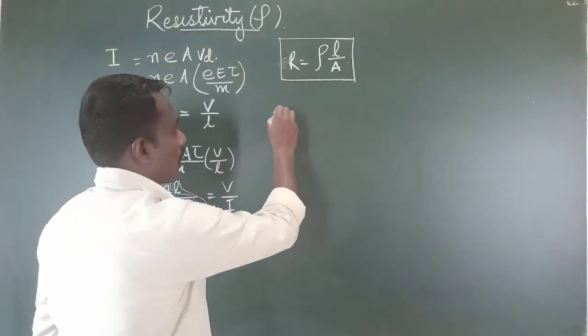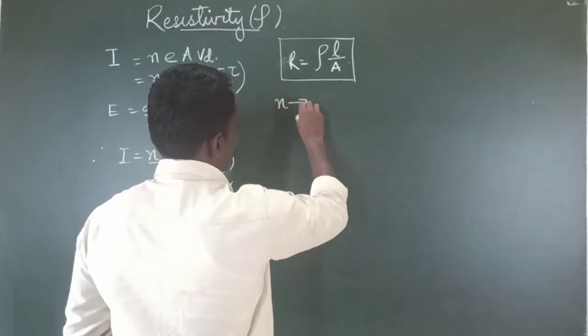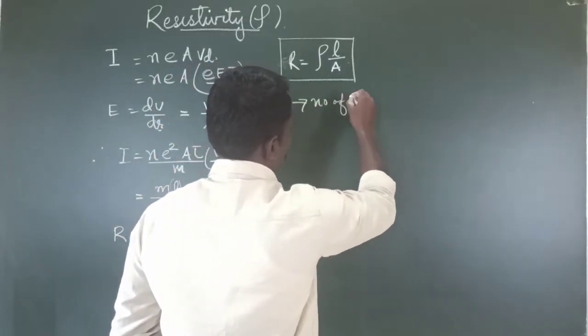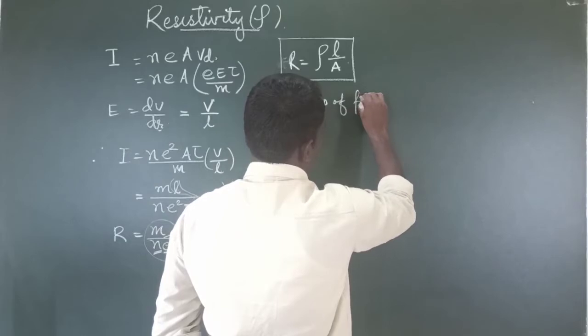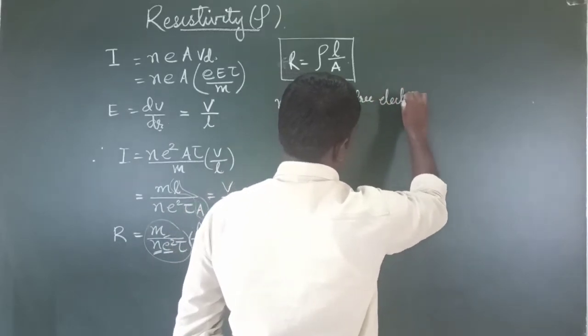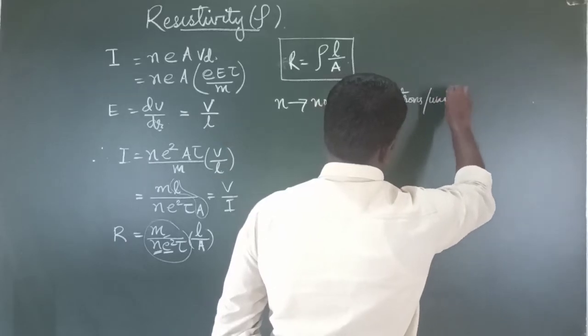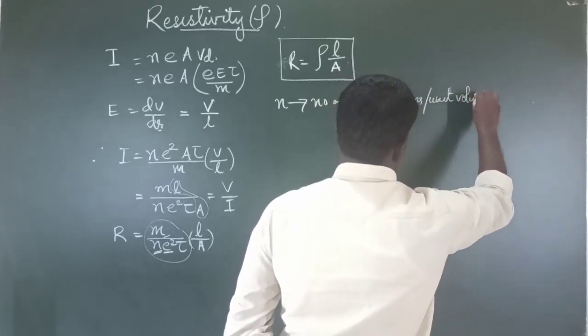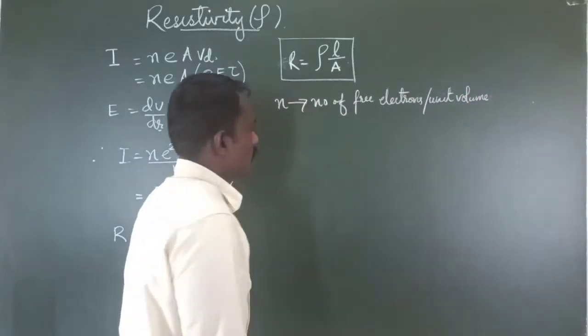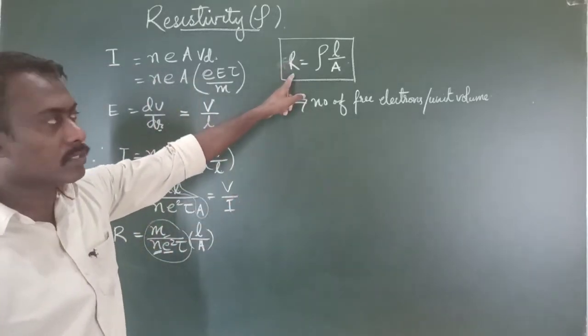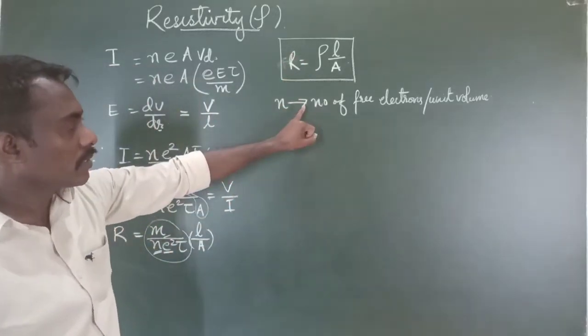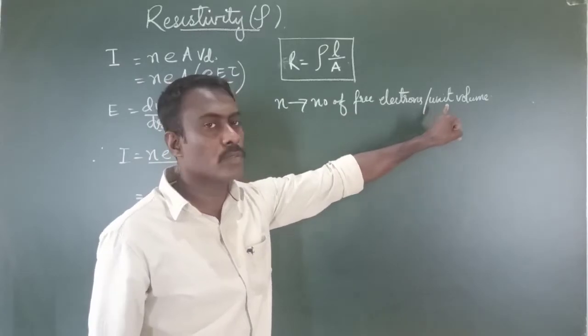N is the number of free electrons per unit volume. So that is the first factor on which the resistance or resistivity of a conductor depends.